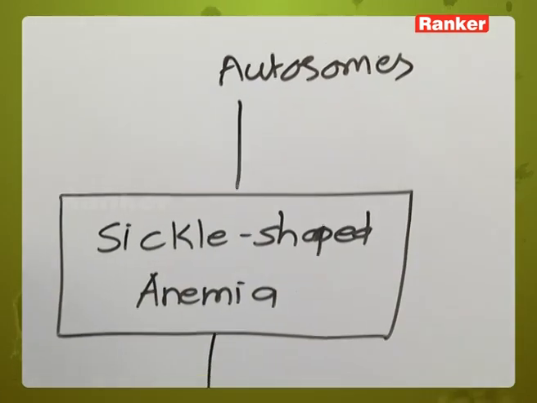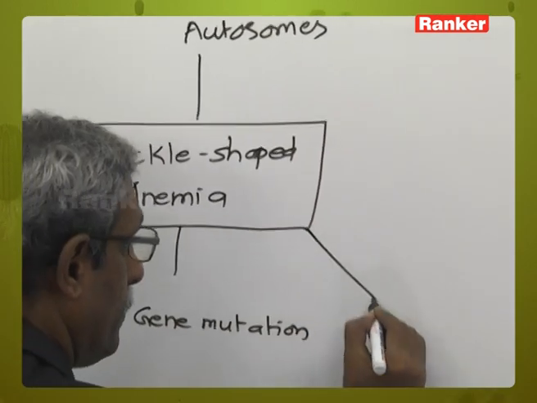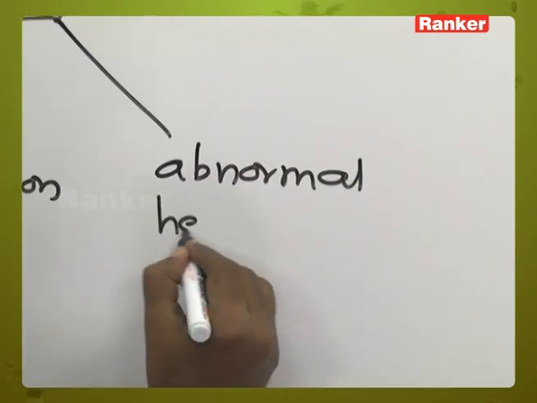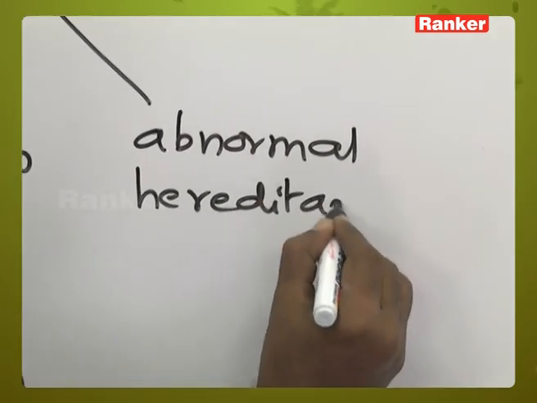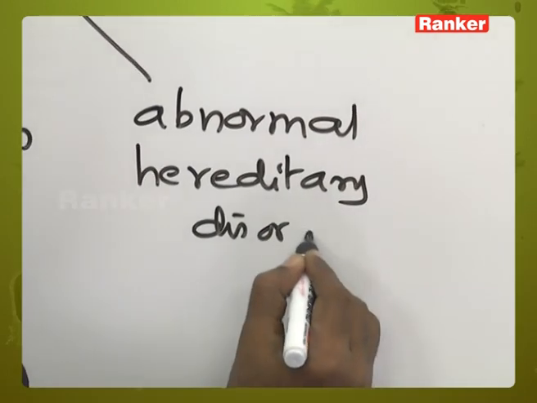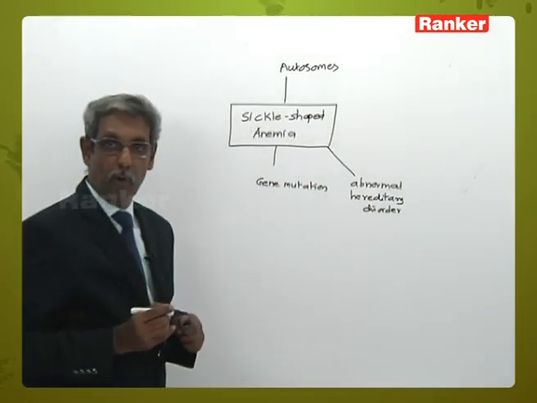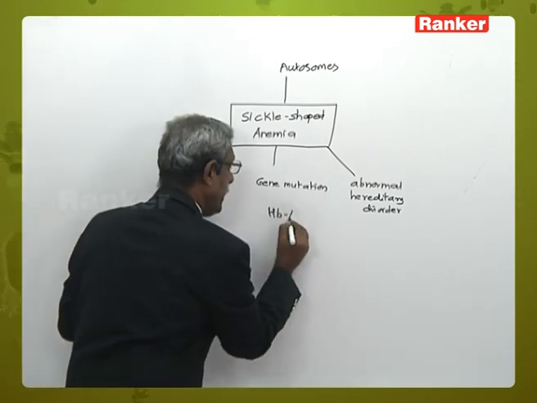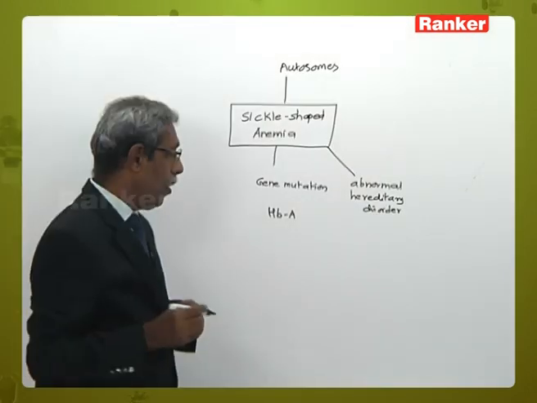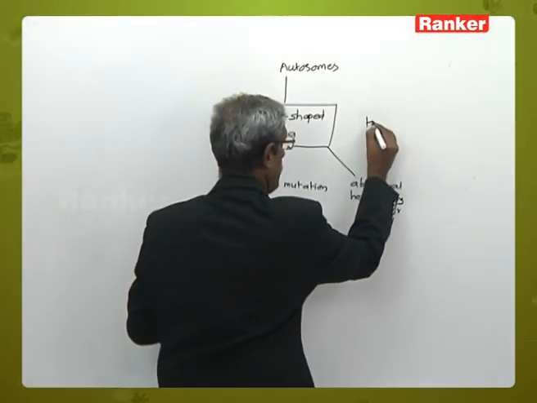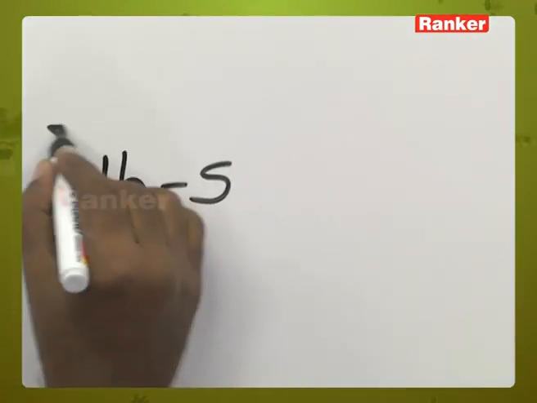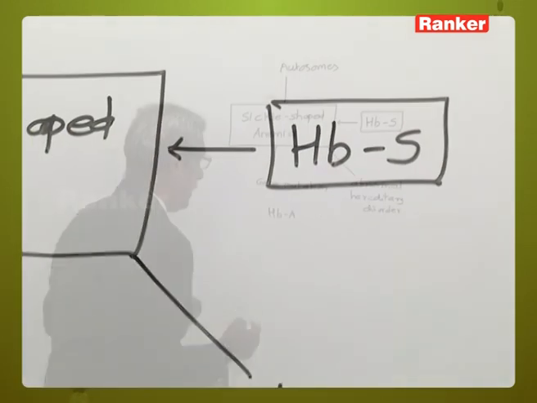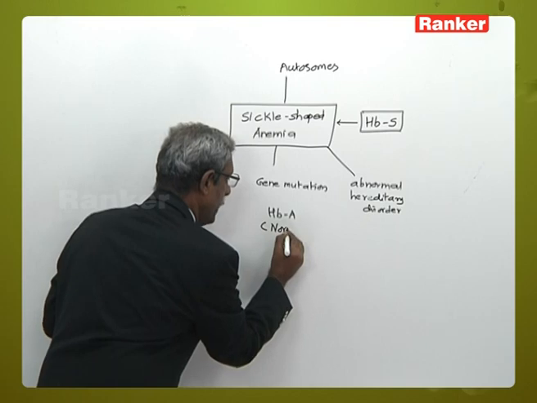And sickle-shaped anemia is an abnormal hereditary disorder wherein instead of the standard HbA, hemoglobin A, an abnormal hemoglobin gets formed, which is termed HbS. HbS is an indication of sickle-shaped anemia, and the normal condition is HbA.